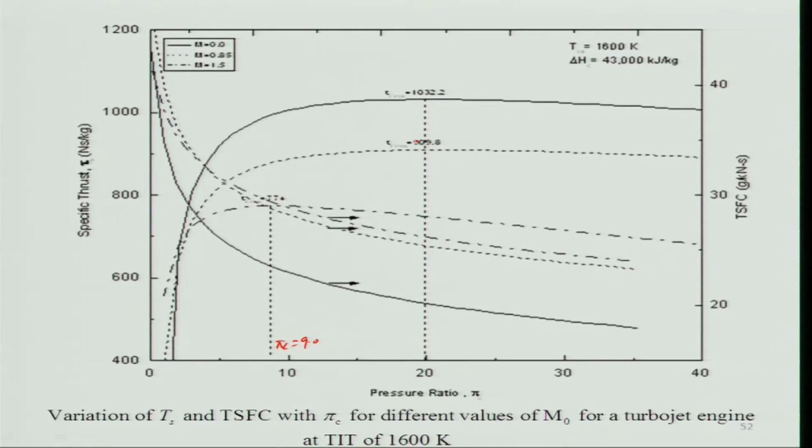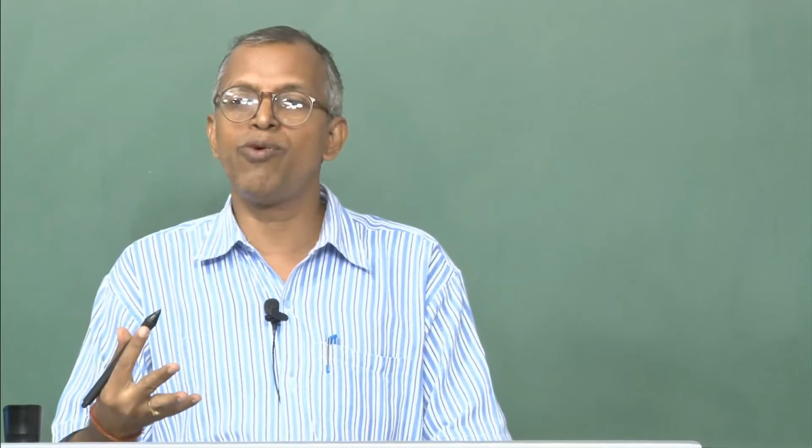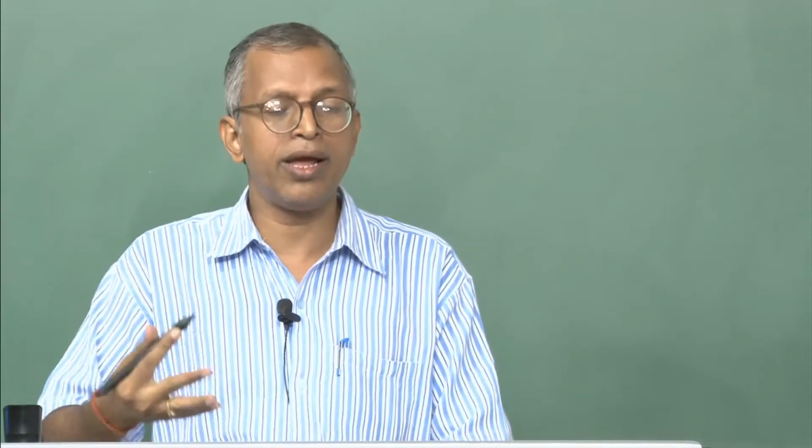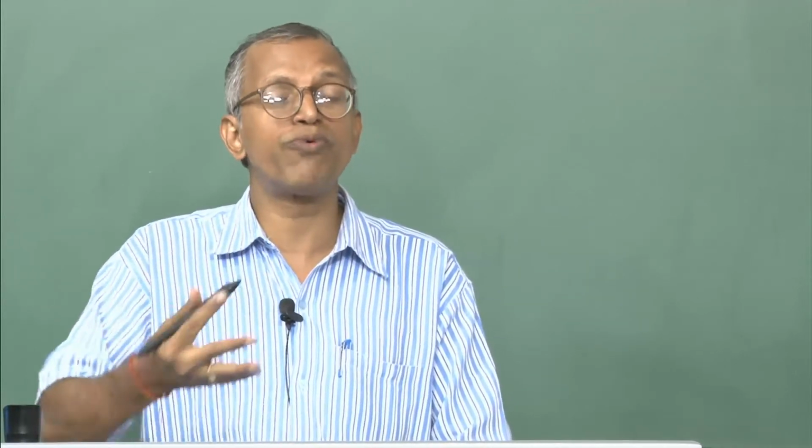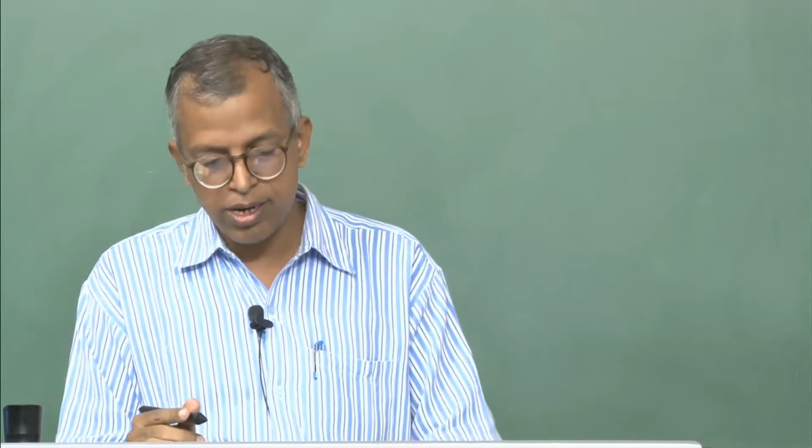These are the things you can get by just doing specific parametric analysis, right? That is the beauty of this method: you can learn a lot by just playing around and seeing what is happening, why it is happening, what the reasons are, and whether you have any scope to improve it further or not.